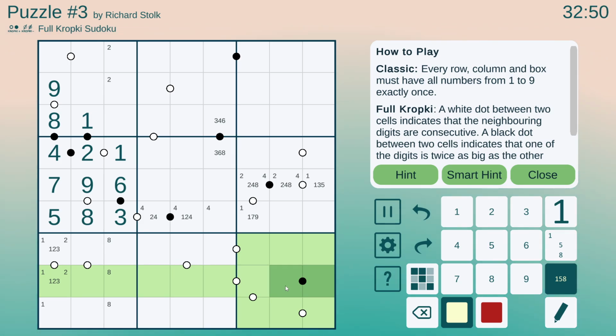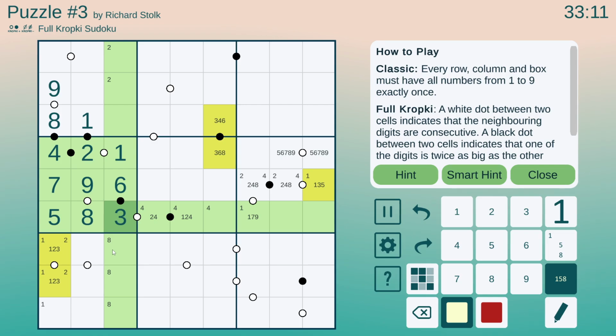Could this be 3, 2, 1? This has to be greater than 5, which really only excludes 3, which doesn't matter yet. That's fun.